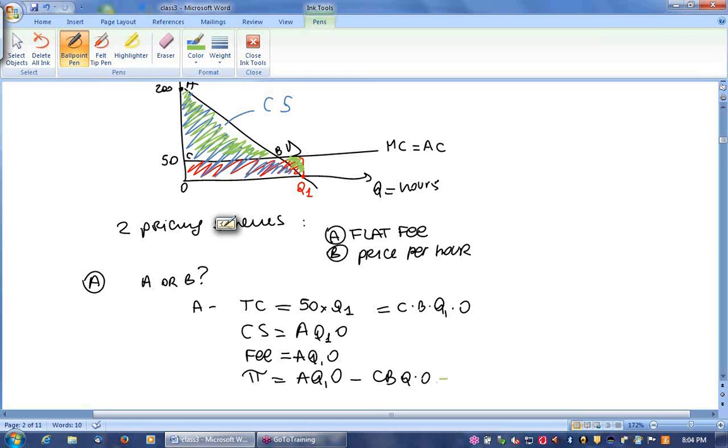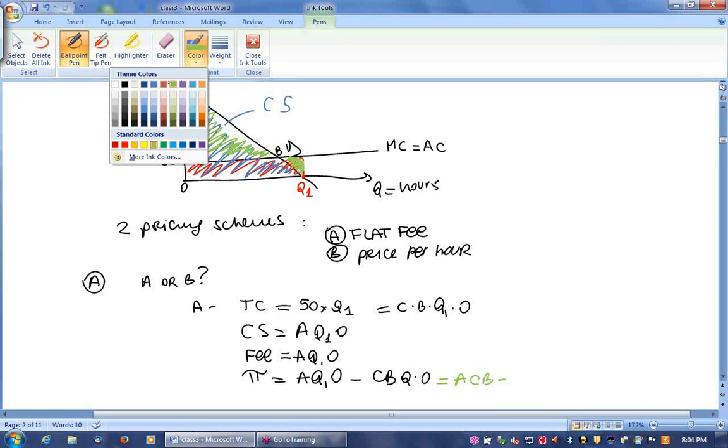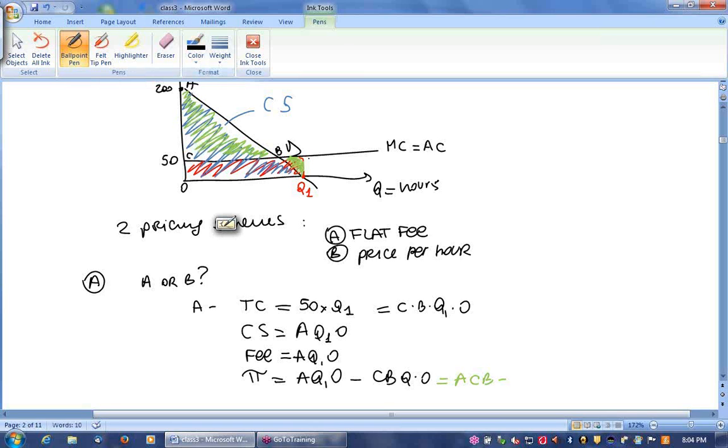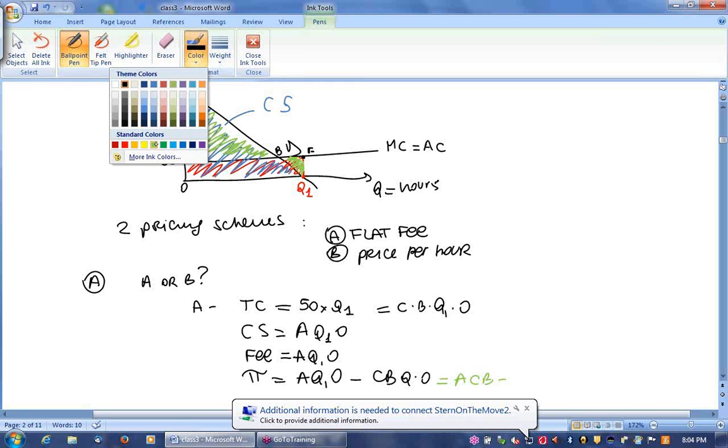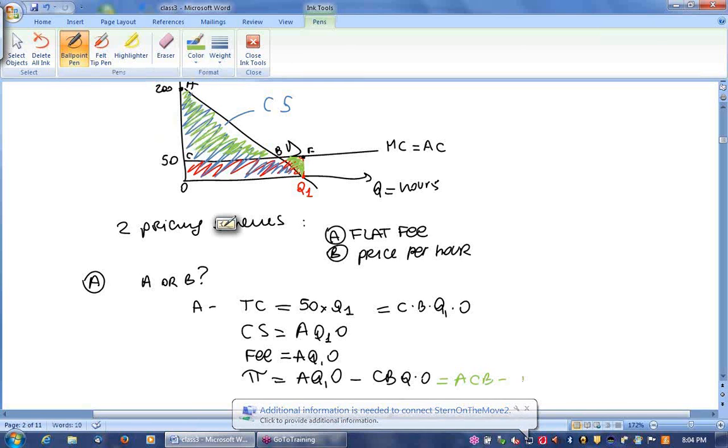So the profits would be equal to A times C times B minus this small triangle, call this point F, so minus B F Q1. Okay, so these are the profit from charging only the flat fee.